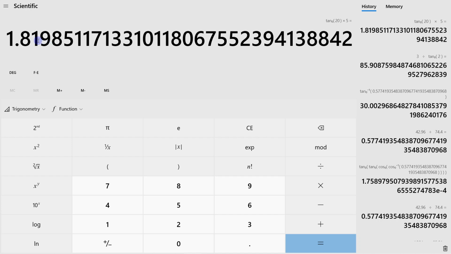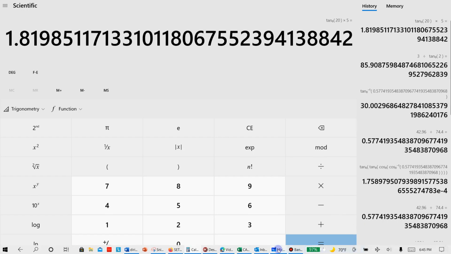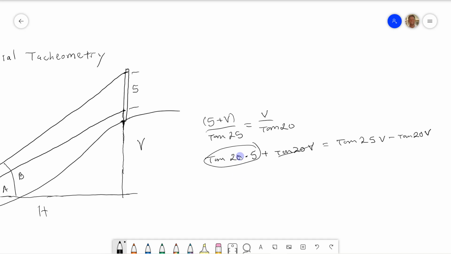We'll call it 1.82. So 1.82 is equal to tangent of 25 minus tangent of 20.